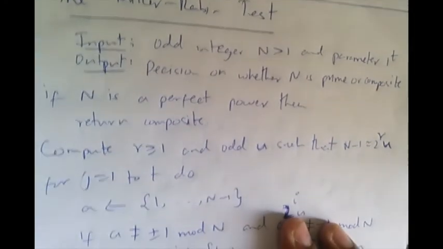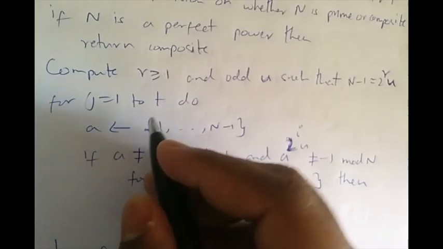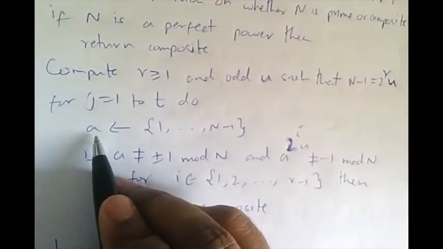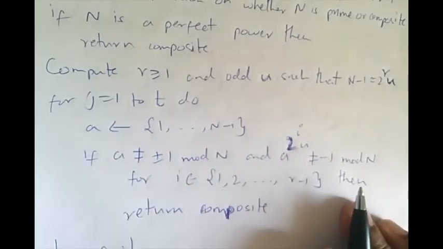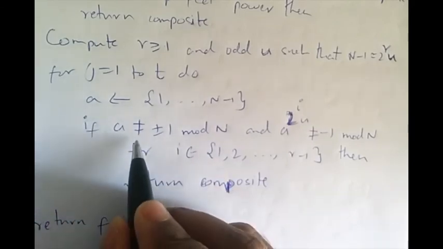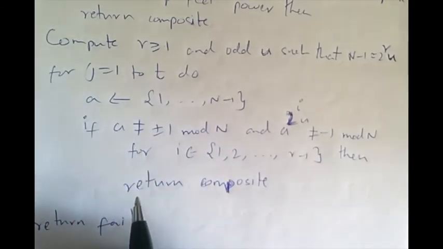And then you run a loop like in the previous test. You're going to run some j from 1 to t. The t's are going to be the trials here. You're going to randomly pick an integer a from the range 1 to n minus 1, and check if the pattern deviates from what you would expect if n were prime.